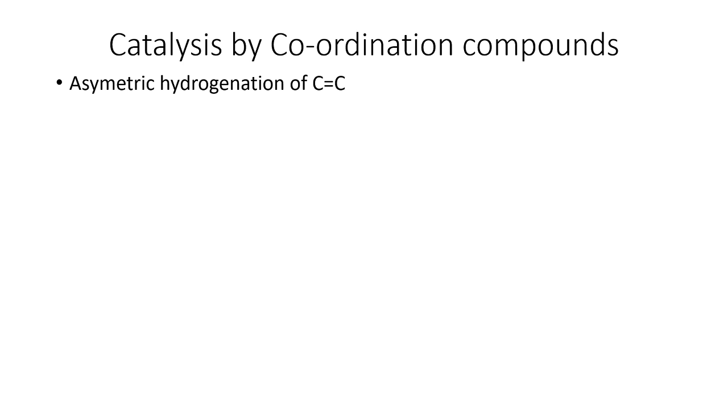One of the applications is asymmetric hydrogenation of a carbon-carbon double bond, where you can use a rhodium(I) catalyst bearing a chiral diphosphine ligand. It catalyzes the synthesis of L-dopa, the drug which is used in Parkinson's disease. So this is where the rhodium catalyst is used.